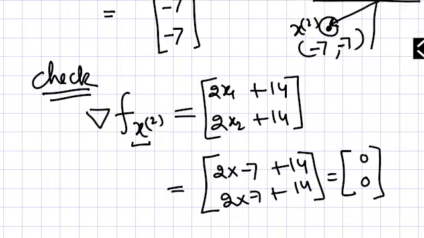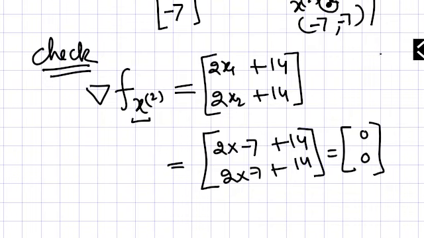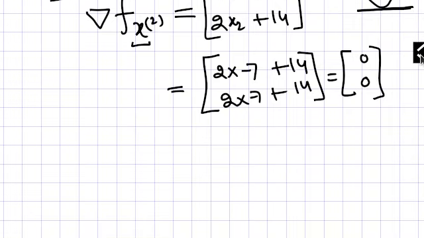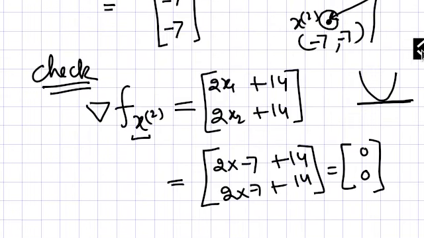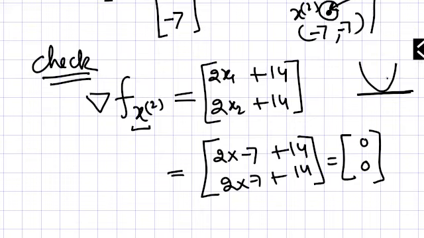Just you can understand this. Suppose your function is this and your gradient is coming 0 0 here. Whenever this kind of thing comes, it means that that point is a minimum. This formula has been designed this way that when you get this, then your point is a minimum. Maximum can be there, but this formula has been designed to give you the minimum value.